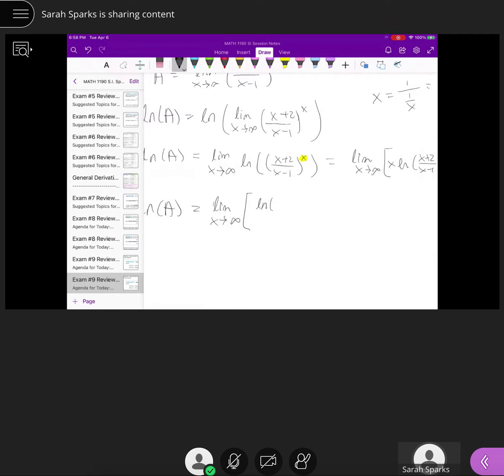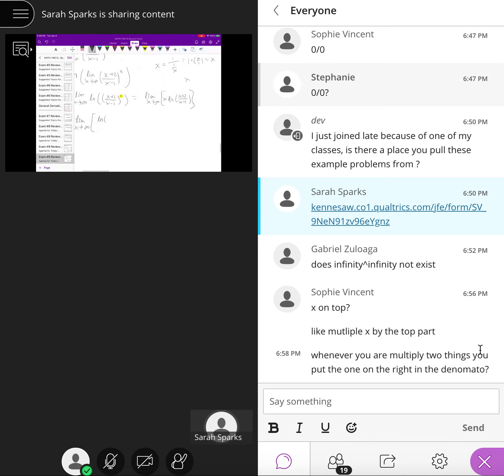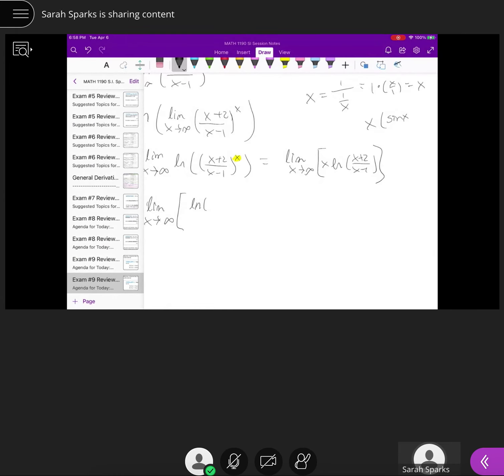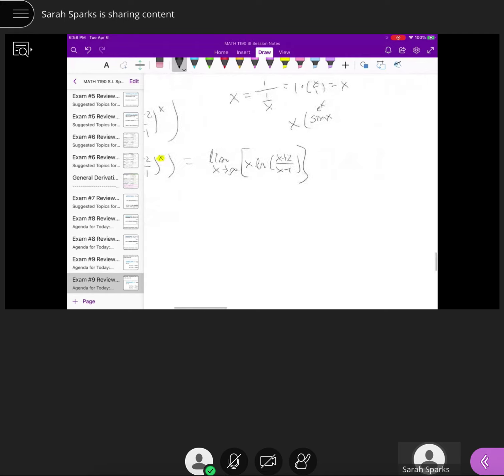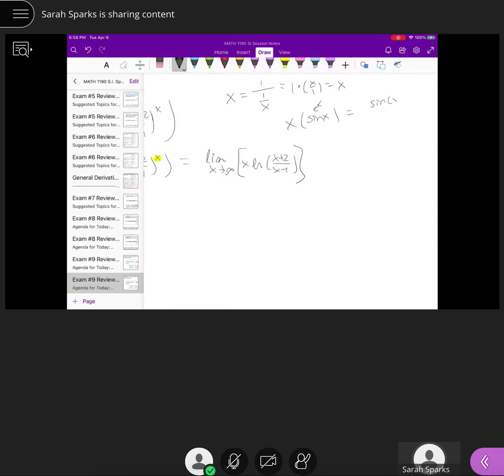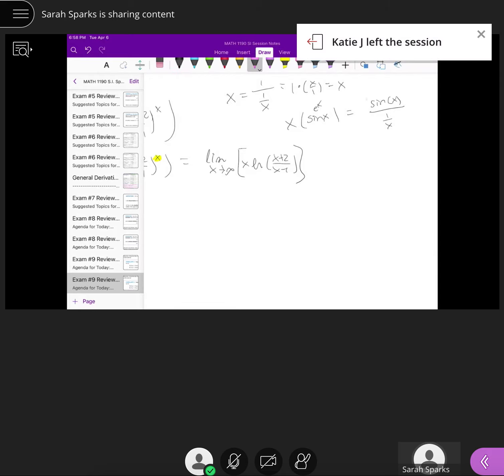If you end up with a limit that's like an x times something, whether it's sine x or e to the x or a natural log, a lot of times in order to get that into a form that we can evaluate with L'Hopital's rule, we have to convert that into something like, oh, this is sine x divided by 1 over x. Because then we can take the derivative of the top part and then the derivative of the bottom part.